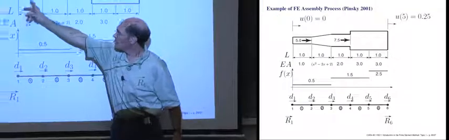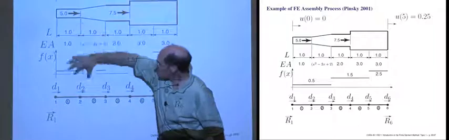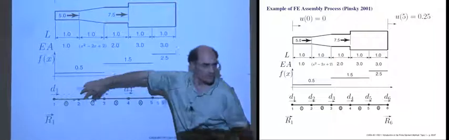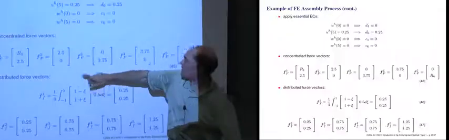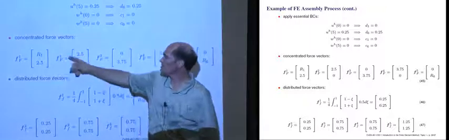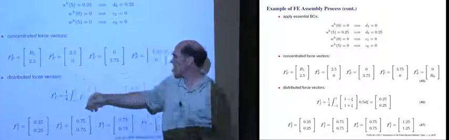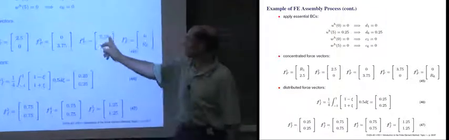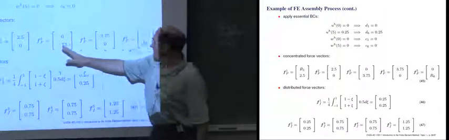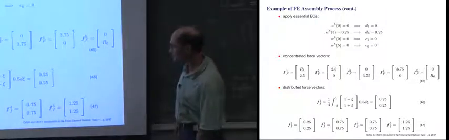We divided this 5 equally to this element and to this element. It turns out that eventually that gets added together. So that 2.5 and 2.5 here, these are the same global degree of freedom locations, but with respect to the local element degrees of freedom. So eventually this 2.5 will be added, this 3.75 will be added. And you can see here that's the concentrated force, and then we have a reaction force here.